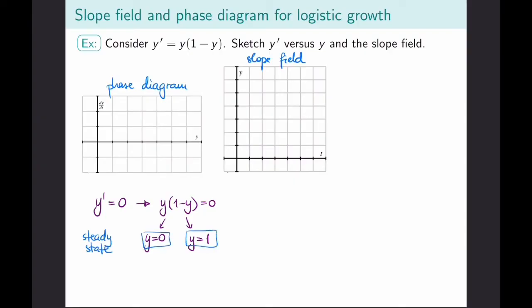Now, finding them is one thing, but deciding which one is stable or unstable, or whether they're both stable or both unstable, you will have to actually draw the phase diagram for that. Algebraic techniques are not going to be helpful in determining the stability itself. So we are going to next have to draw what this looks like on the phase diagram.